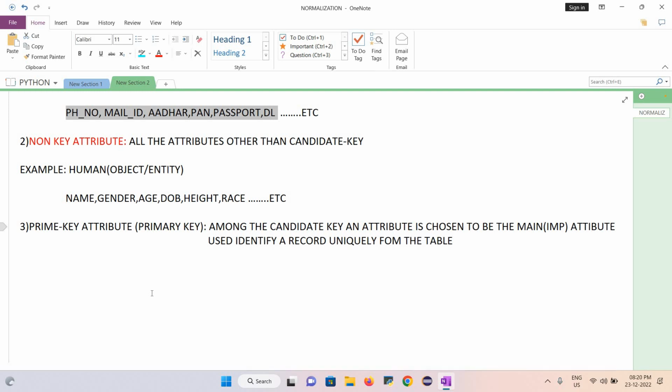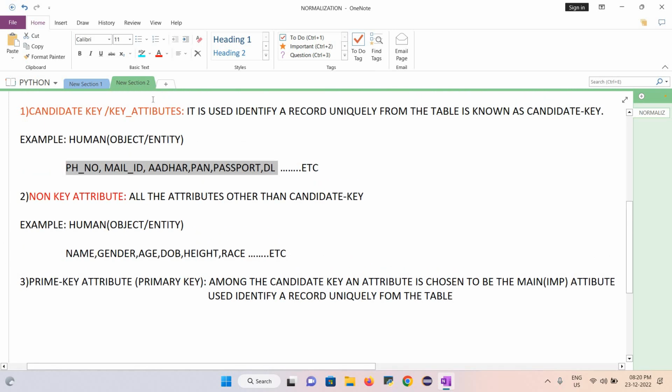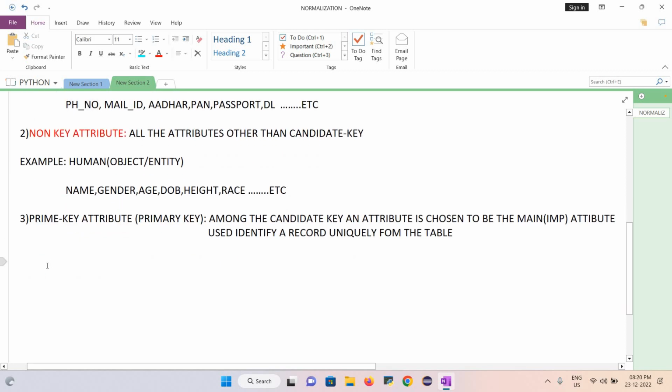So here I'm going to select one as my prime key. If I select this phone number, the phone number will become my prime key attribute or primary key. So this is how we represent the prime key attribute.